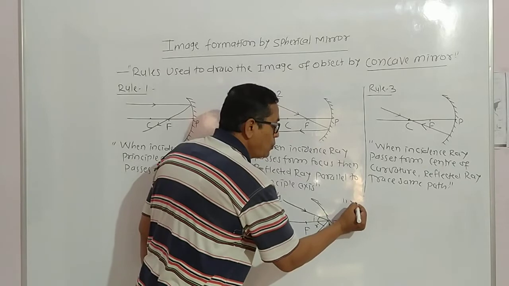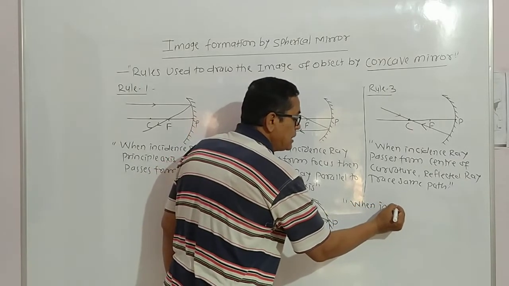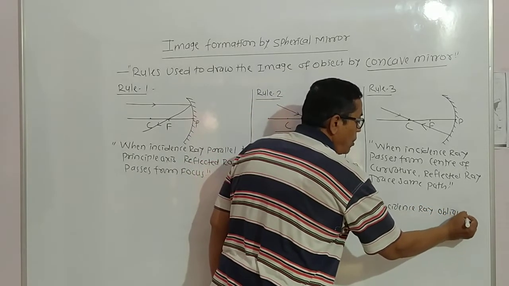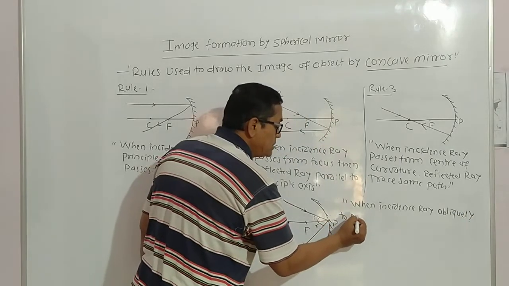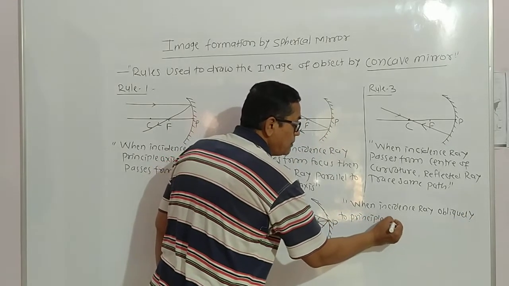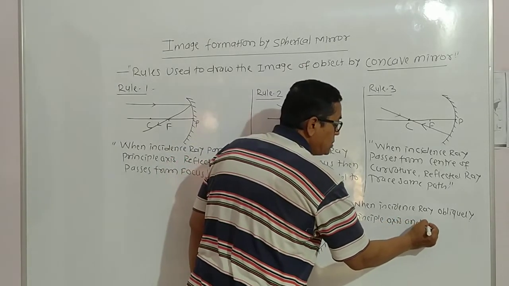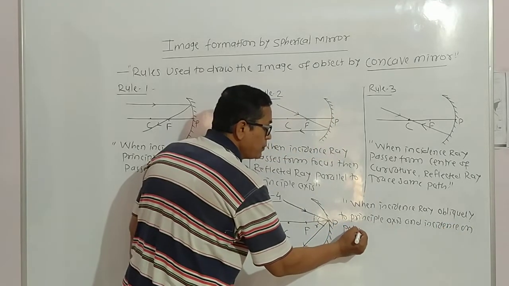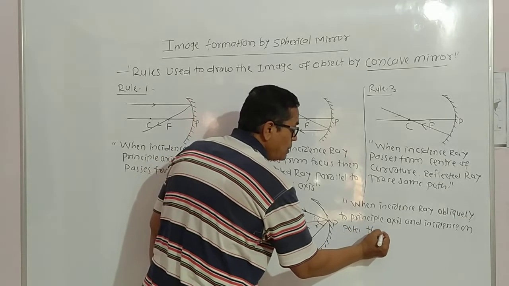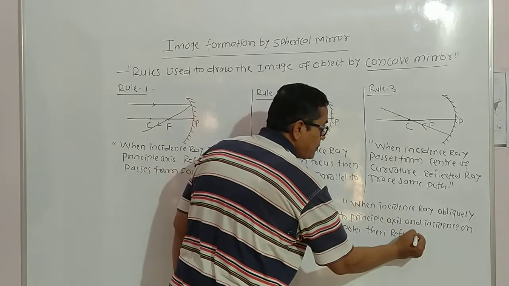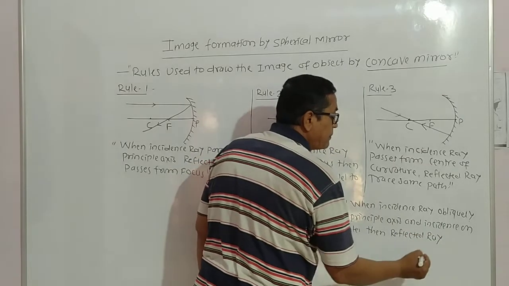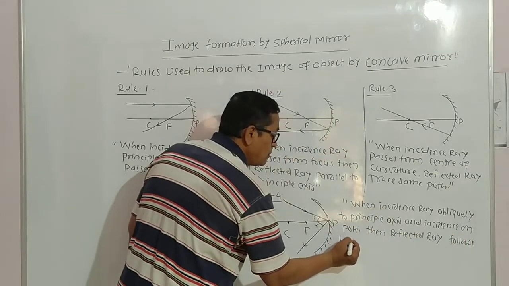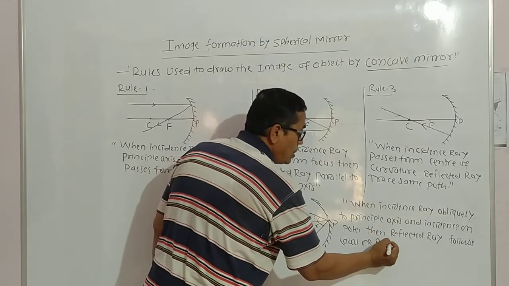What is rule number 4? When the incidence ray is oblique to the principal axis and is incident on the pole, then the reflected ray follows the laws of reflection.